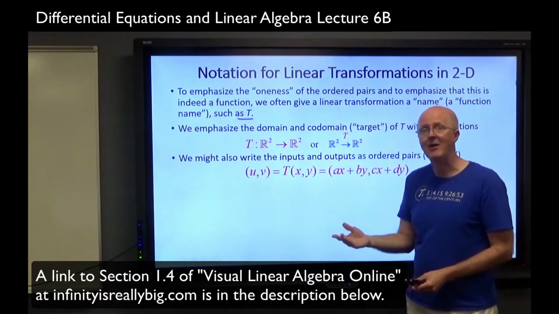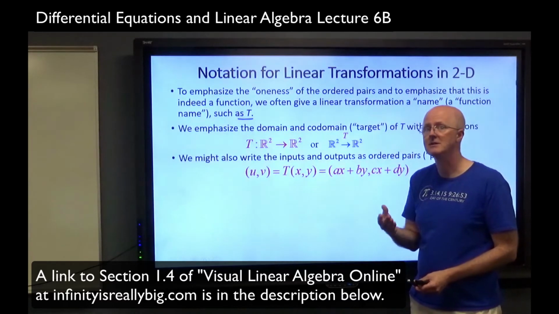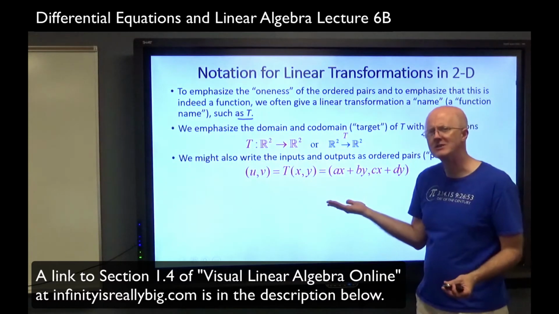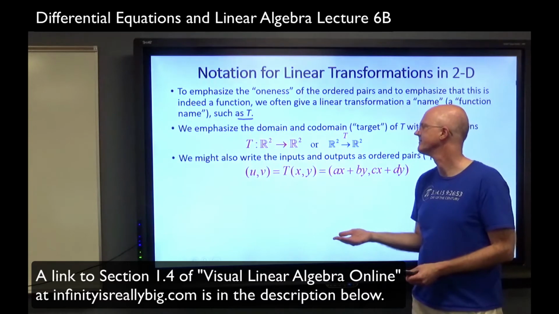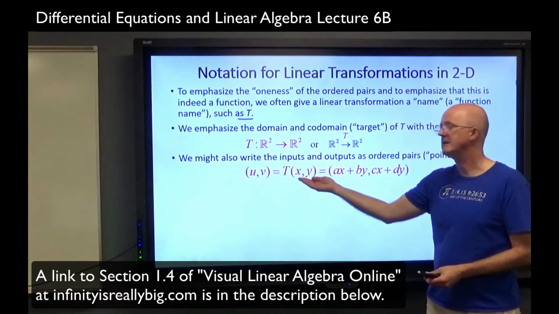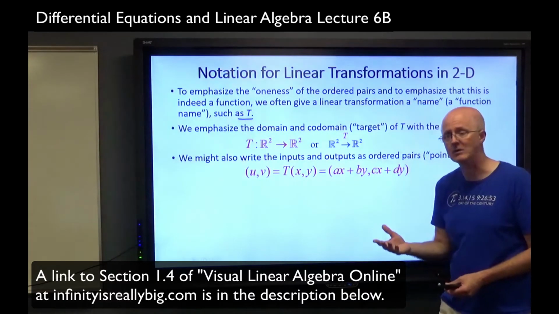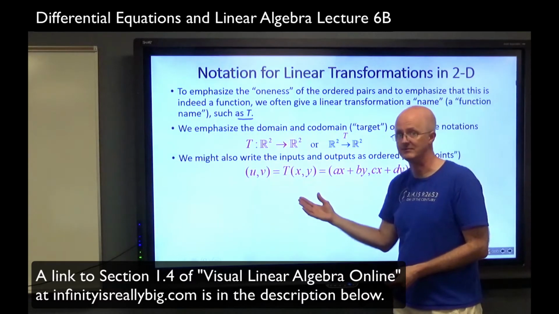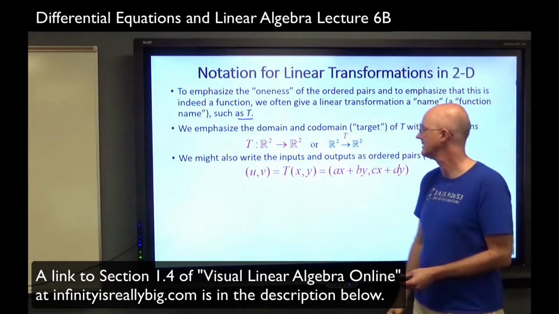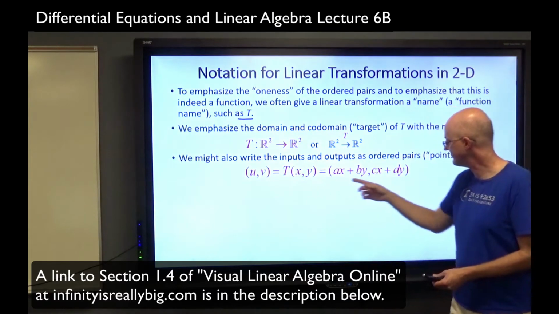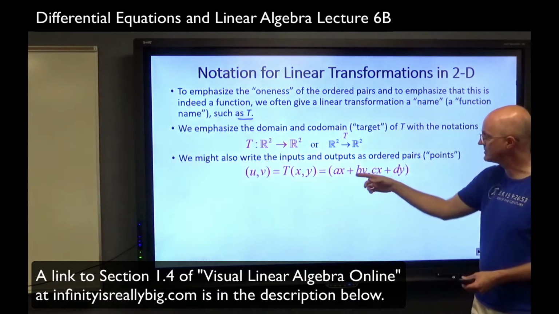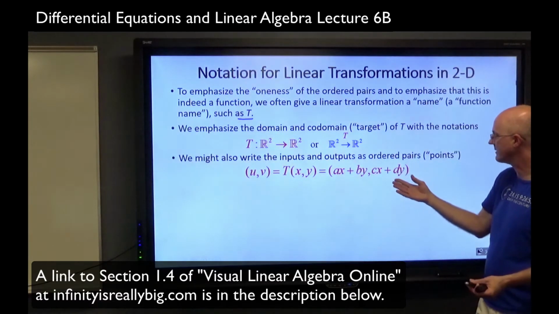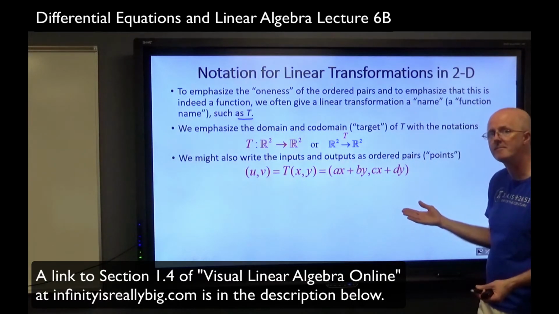I'm writing that now, that system of two scalar equations, as one point equation or vector equation. u v equals T of x y. And use that kind of language. u comma v equals T of x comma y. T is a function. And that function is defined by this formula. The first coordinate or component of the output is ax plus by. The second coordinate or component is cx plus dy.